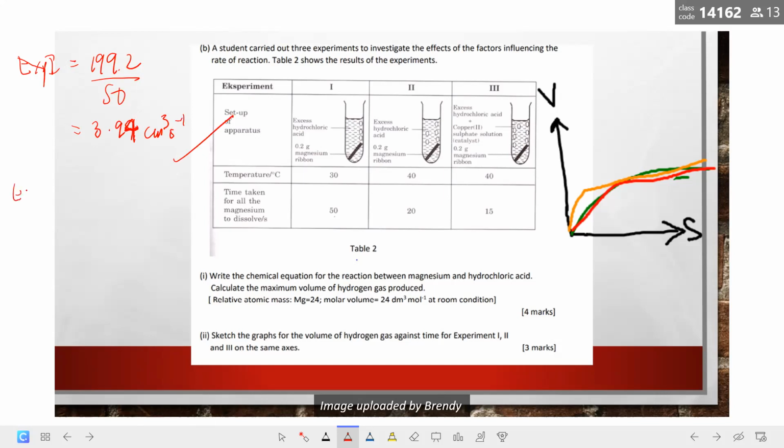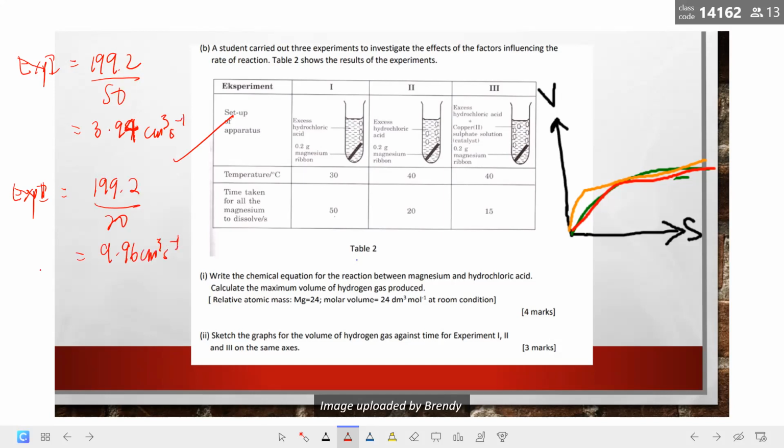Now I go to my experiment 2. You tell me how to do. Same, sir. 199.2 divided by 20. Very good. Answer: 9.96 centimeter cube per second. Very good.